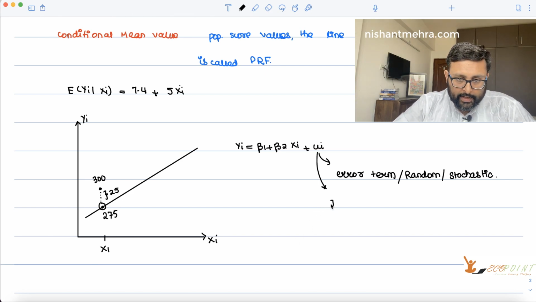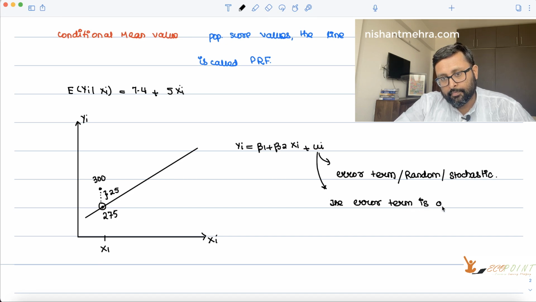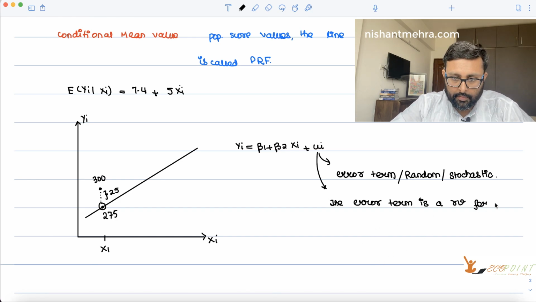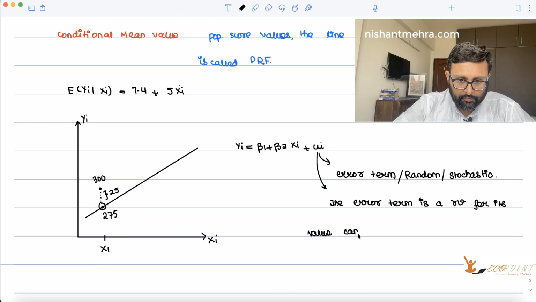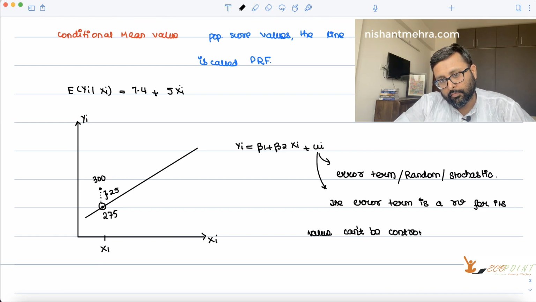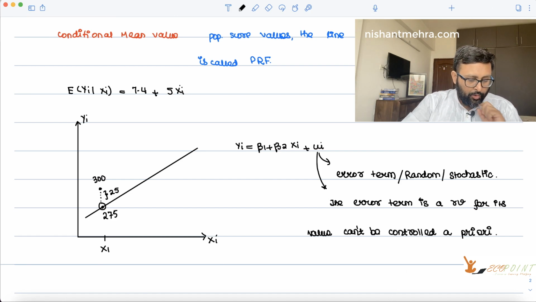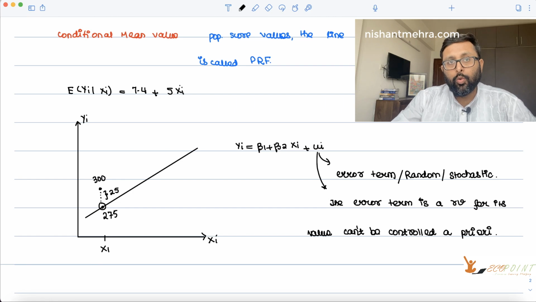So it's a random variable. The error term is a random variable, and its value can't be controlled a priori. You can't know the error beforehand.